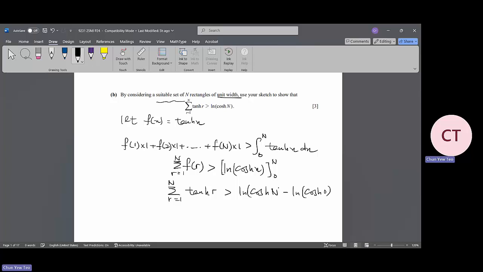So we all know cosh 0 is 1. So that means you're able to show the result is greater than ln cosh n, shown. So this is the answer for the B.